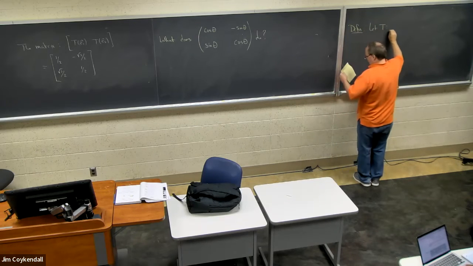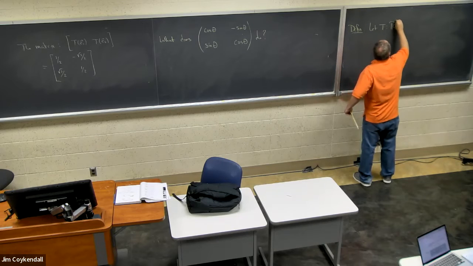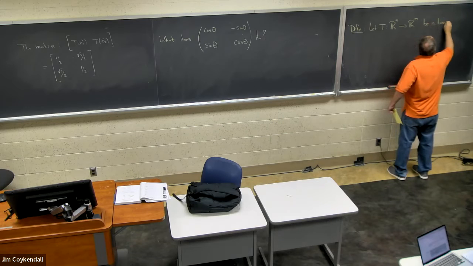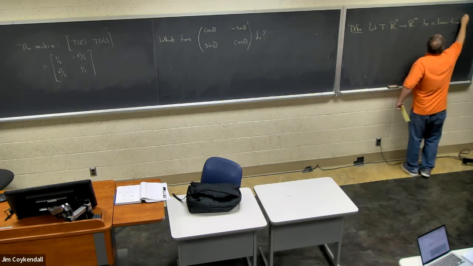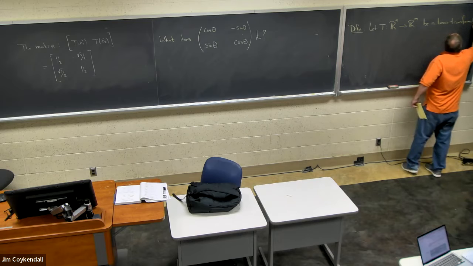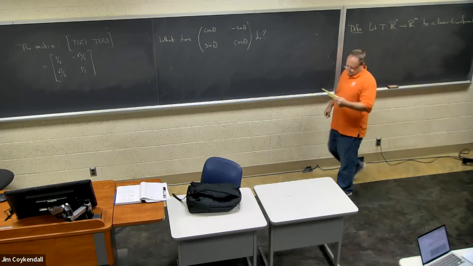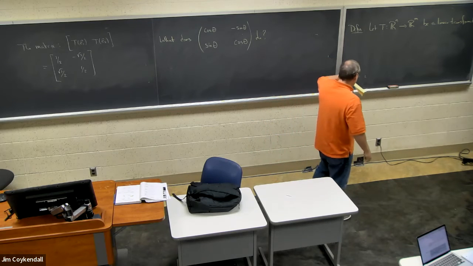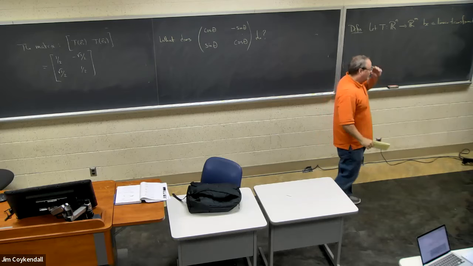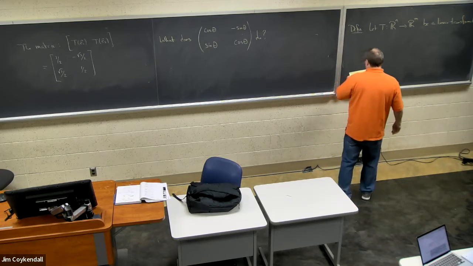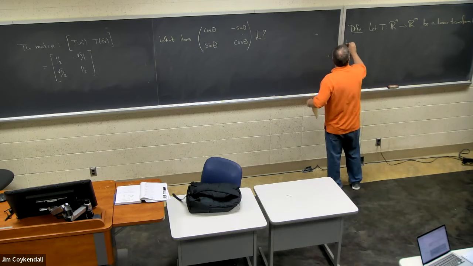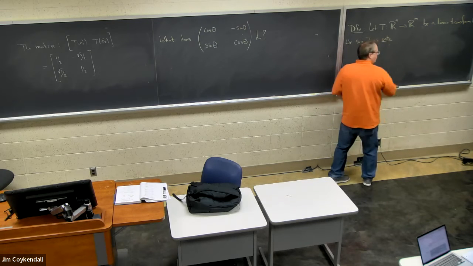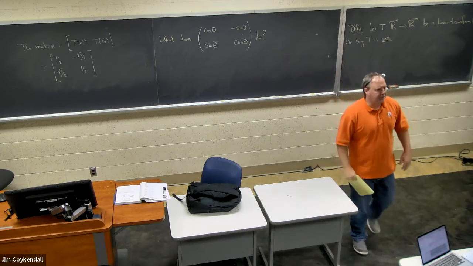Let T from Rn to Rm be a linear transformation. Someone had two definitions here in parallel. And by the way, this doesn't have to be a linear transformation. This definition holds for any function. We say T is onto. How many of you have ever heard of a function being onto?